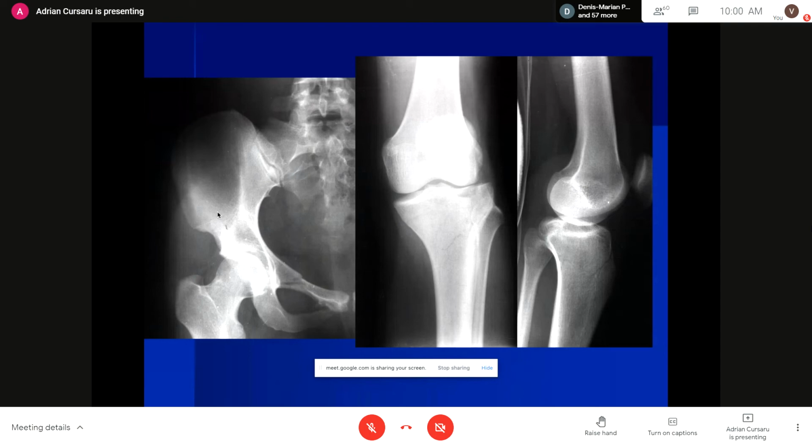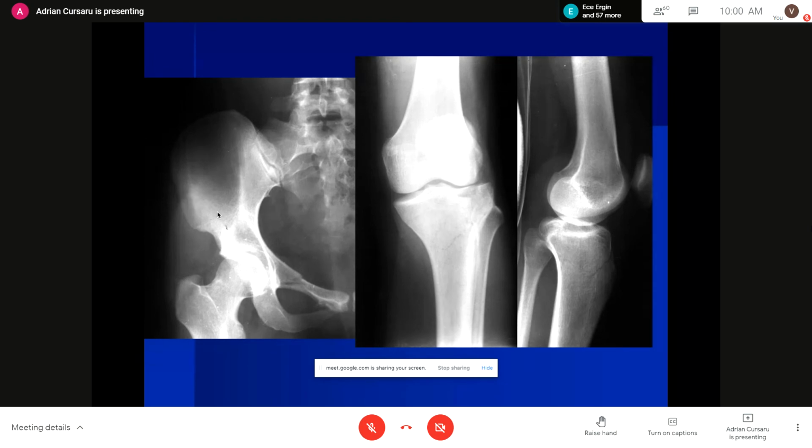Can you just explain really quick the open reduction versus the closed reduction? Okay. It is very important to have a correct diagnosis about the fracture and to know the type of fracture. The best treatment in all the fractures is the closed reduction.